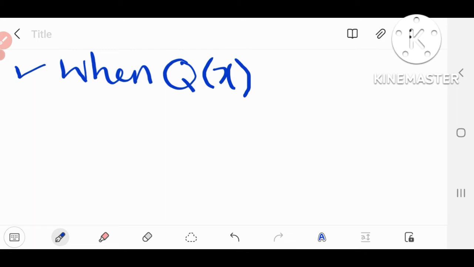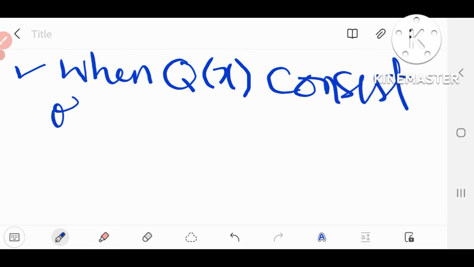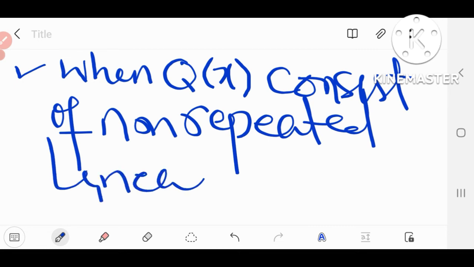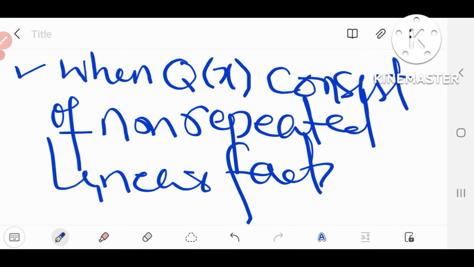So the first case is when q of x consists of non-repeated linear factors. This was the first case, because whenever we are given a question, a combined result, and we have to split, the first thing we will have to check is improper or proper.